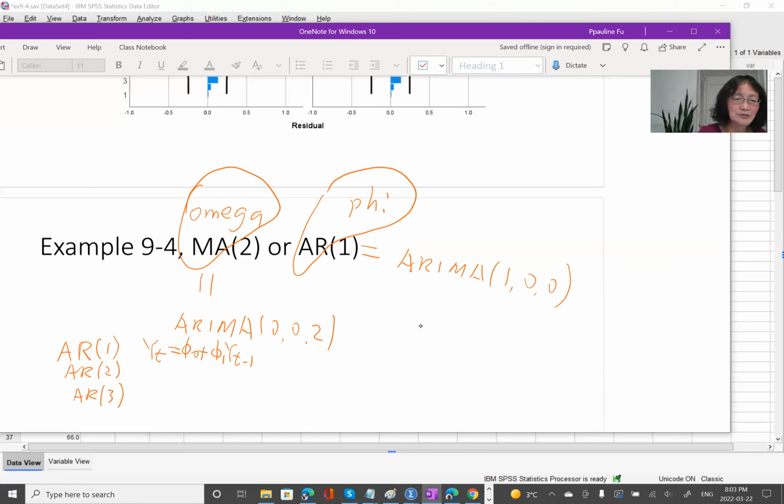Okay. And then what is AR2? AR2 said YT related to YT minus 1, YT minus 2. How to relate: constant phi 0 plus parameters phi 1, phi 2. So that is AR2. Each model has the error term epsilon t.